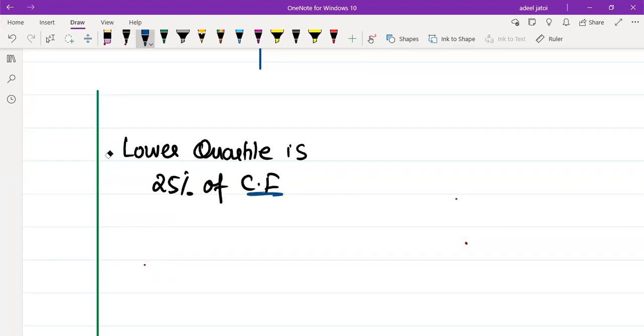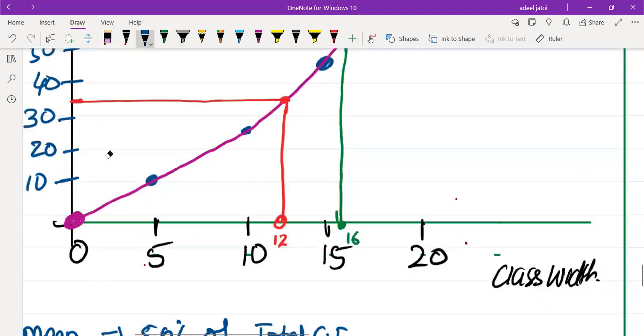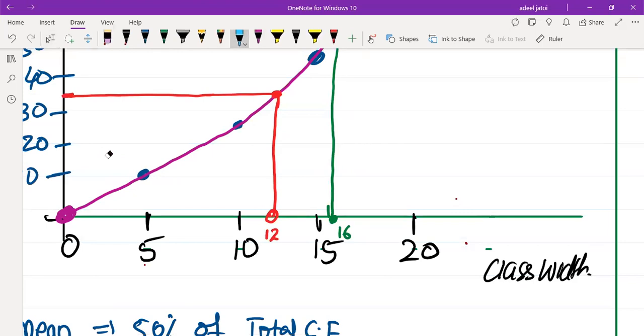And the cumulative frequency total we had was 70. So 70 times 25% gives the answer 17.5. But this 17.5 is the cumulative frequency. This will help us to find the answer.